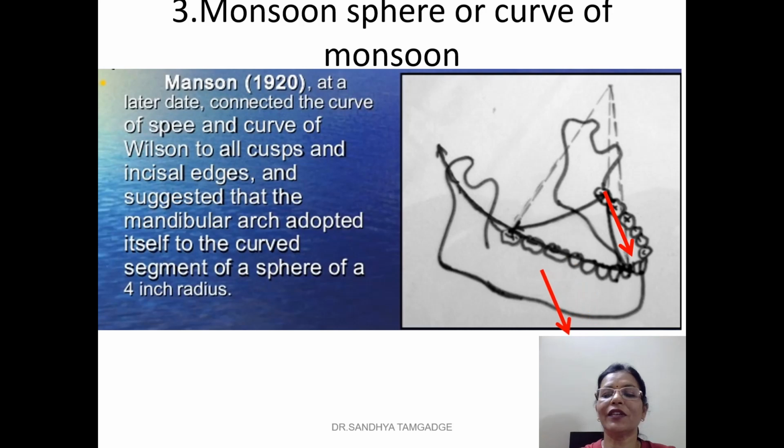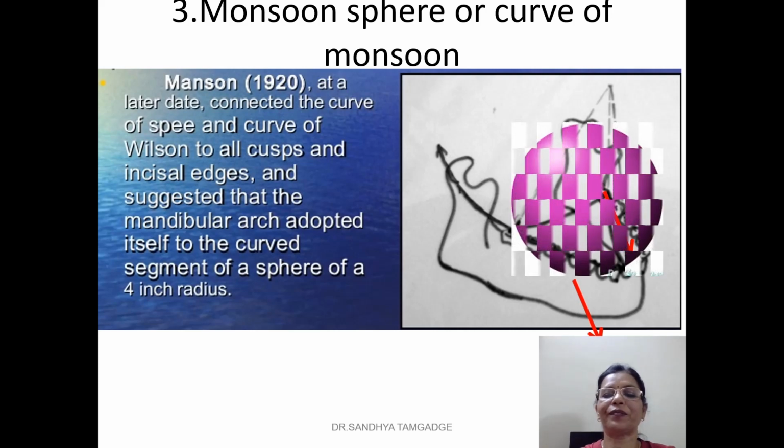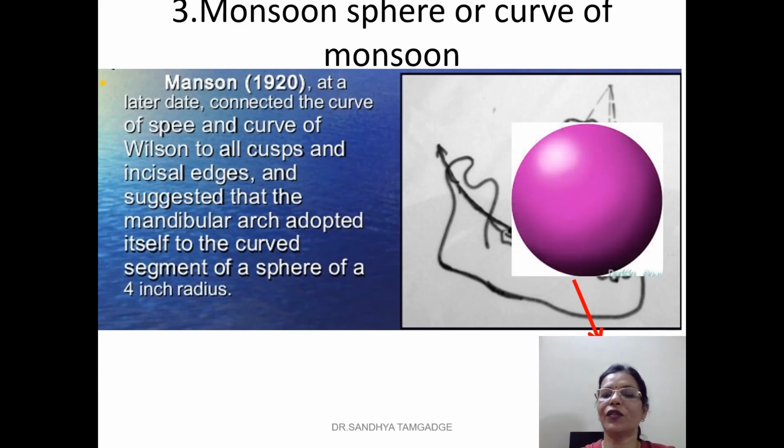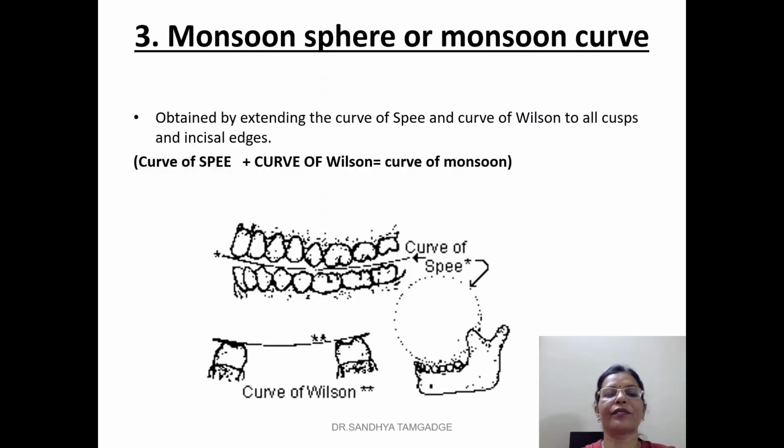So this is curve of Spee, this is curve of Wilson, and together it will form a curve of Monson, which has 4-inch radius. So this is how a combination of both the curves is called as curve of Monson.